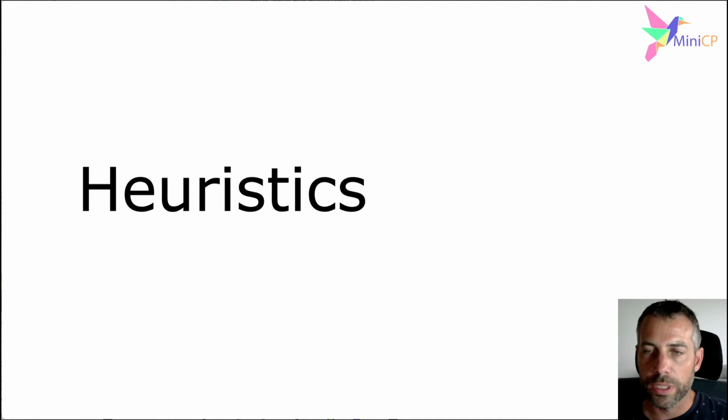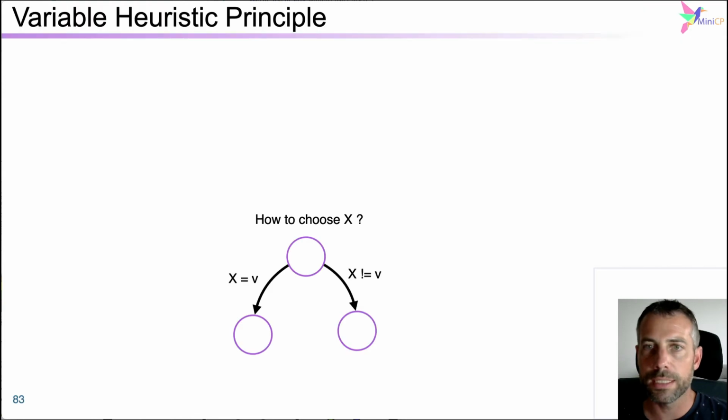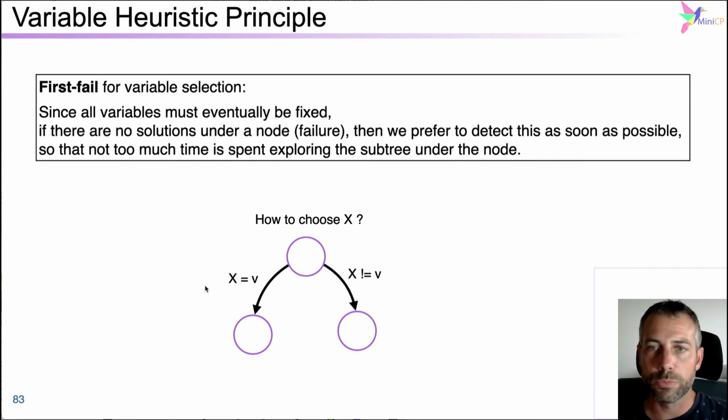For this graph coloring problem, it might be a good idea to use some heuristics. And the way to implement a variable heuristic is, which variable should we choose next for the assignment, that is, how do we decide what is the next variable x to branch on. One general principle that we use in constraint programming is the first fail principle. And this principle is guided by the following idea.